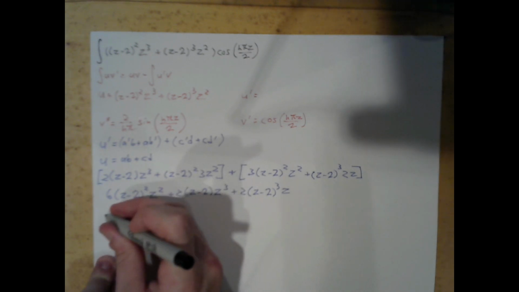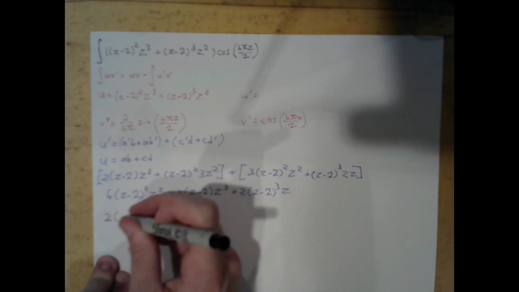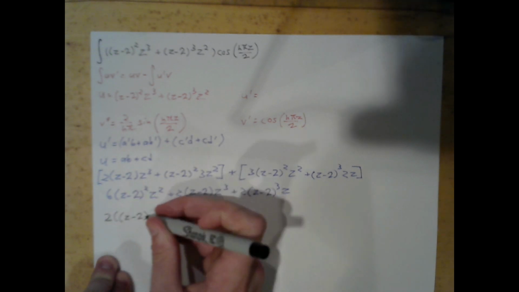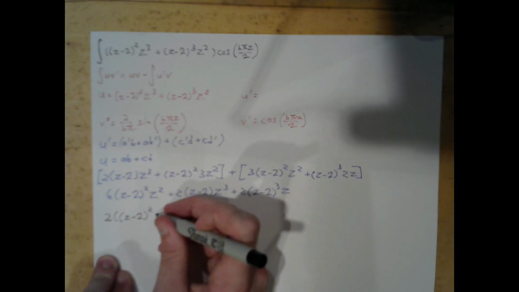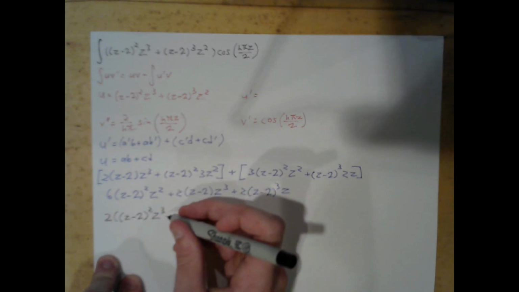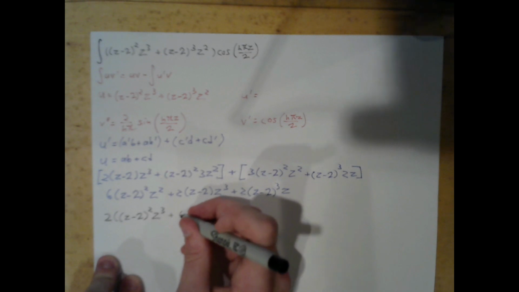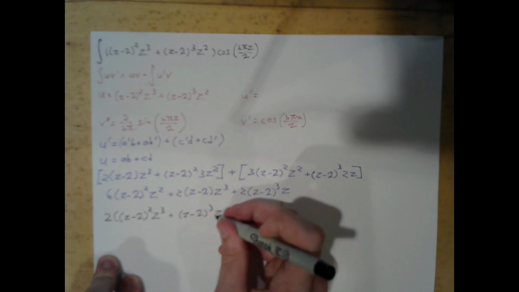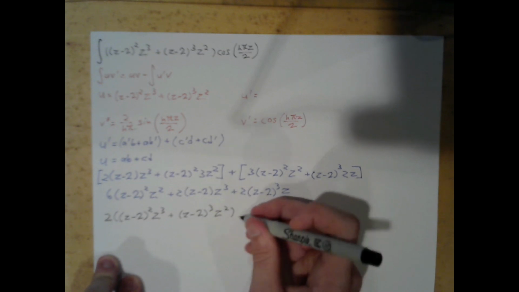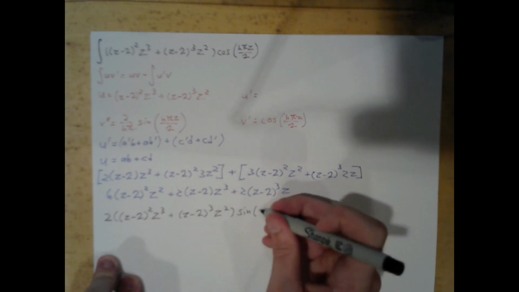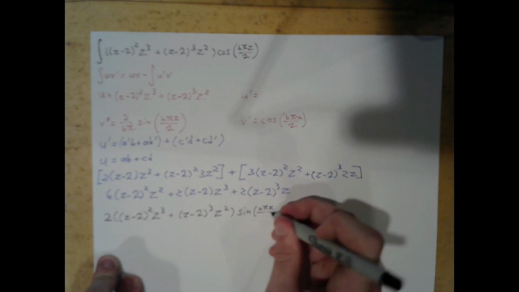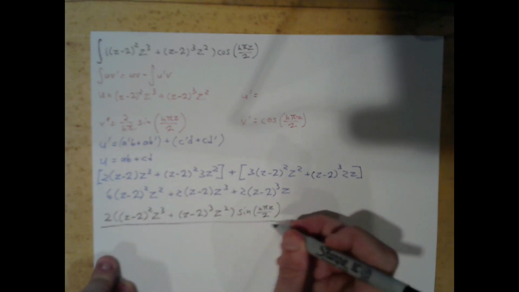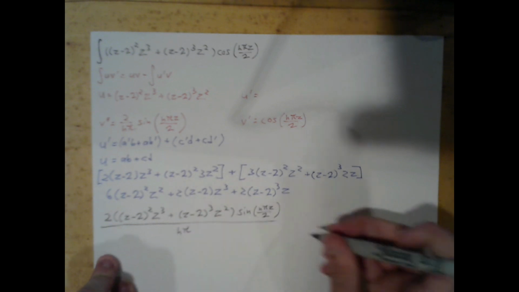We're going to get 2 z minus 2 squared z cubed plus z minus 2 cubed z squared, all times sinh(pi z over 2), all over h pi.